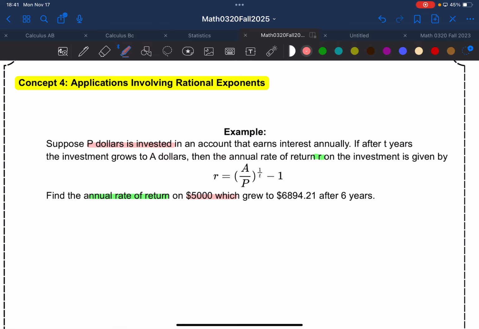Grew to the 6,000 something dollars. This must be, oh, wait. T years, investment grows to $A. Yep, right here. Investment grows to A. And then T years is 6 years. So again, this is P, this is A, and this is T.